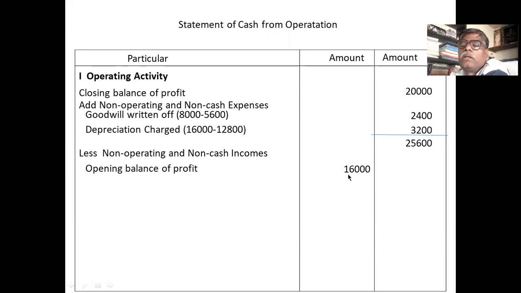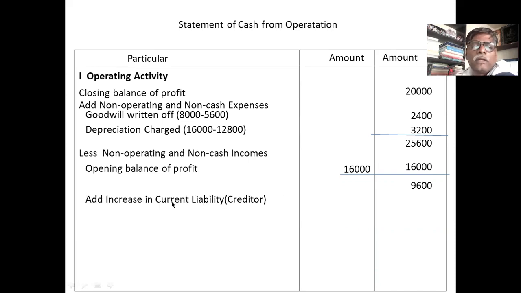Profit is 16,000, the opening balance of profit you deduct. Now the balance is 9,600. This is the same as you calculated in the fund flow statement. This is the fund from operation.